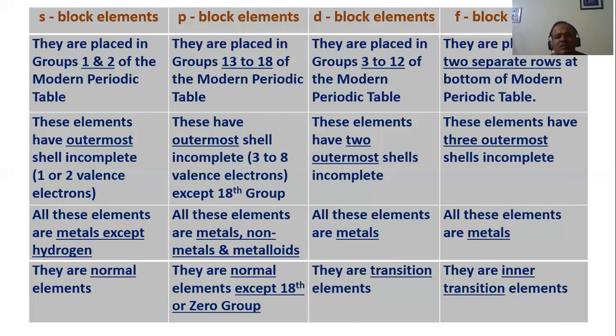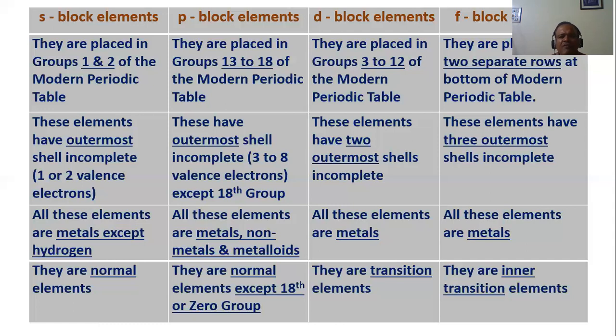So in the exam, if they ask you to distinguish between S block and P block, or P block and F block, any two of these, this is one nice way of studying all four at the same time. If you remember this whole table, you will be able to write the distinction between them, or write the properties of any of these block elements, whether it's S block or P block.